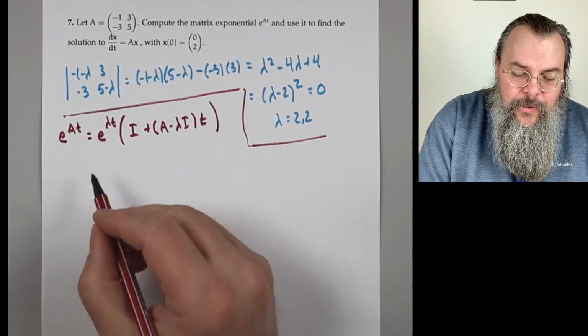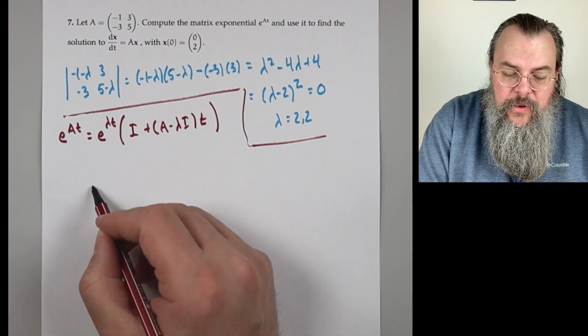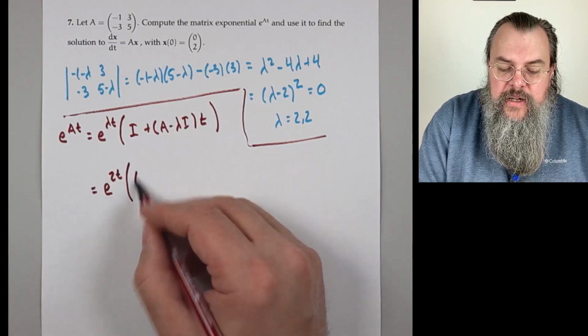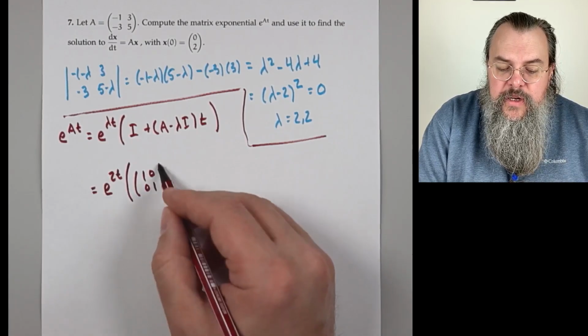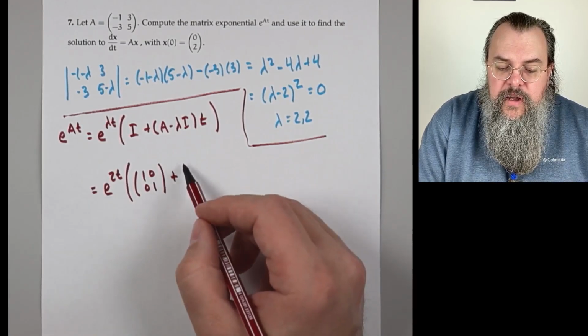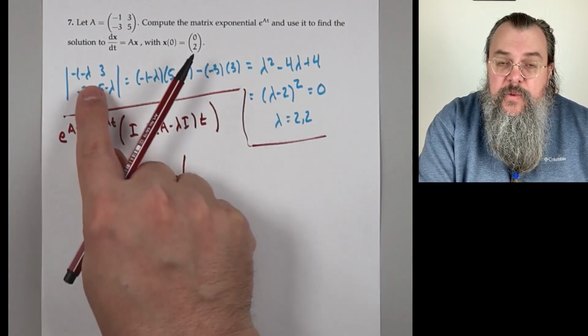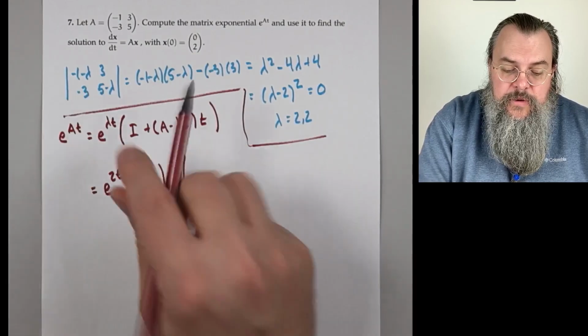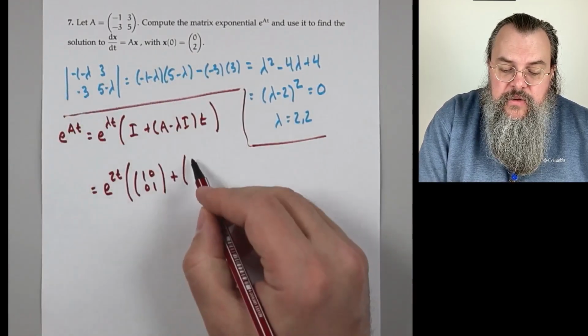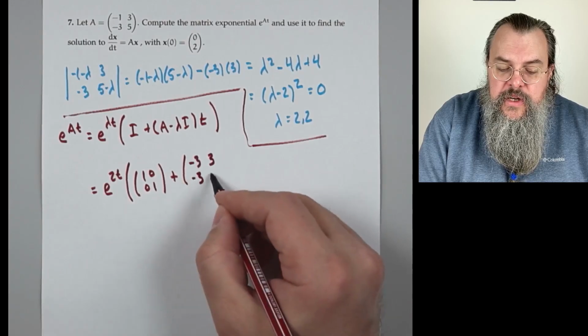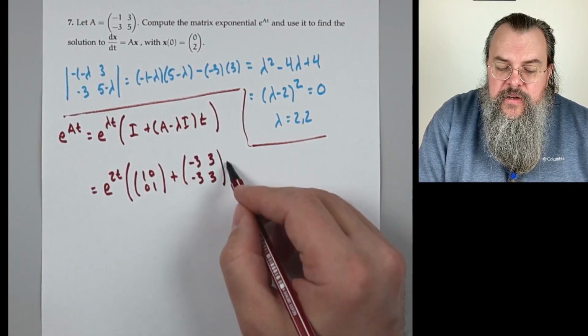So, what do we have? We have e to the 2t, the identity matrix 1, 0, 0, 1, plus, now here we're going to take A minus 2I, so we're thinking of lambda equals 2, so that would be minus 3, 3, minus 3, 3, times t.